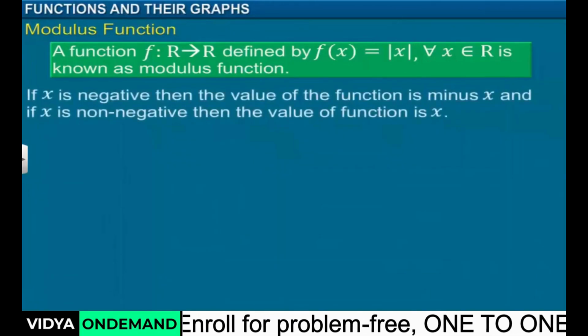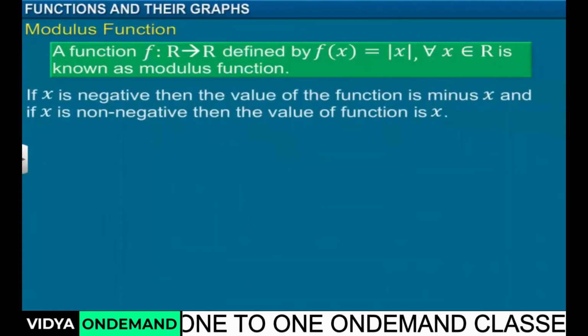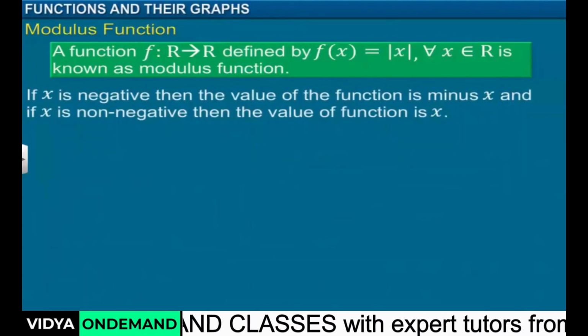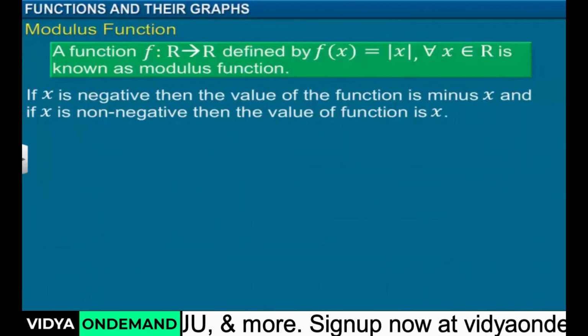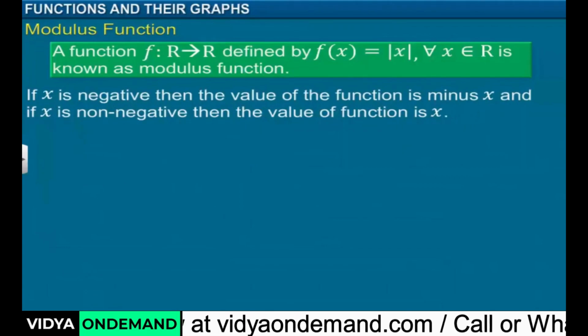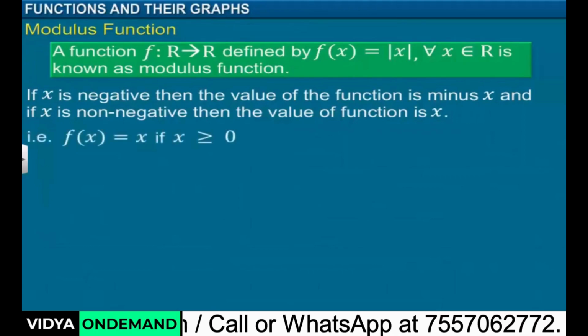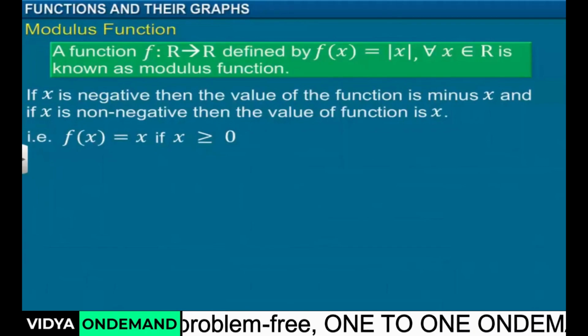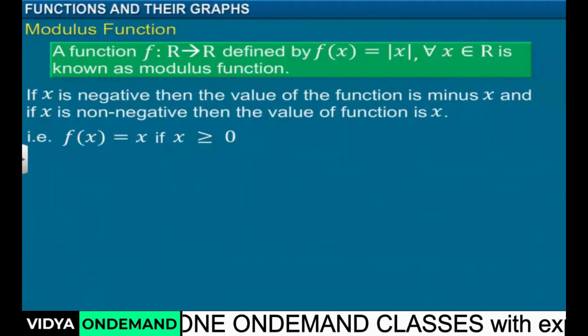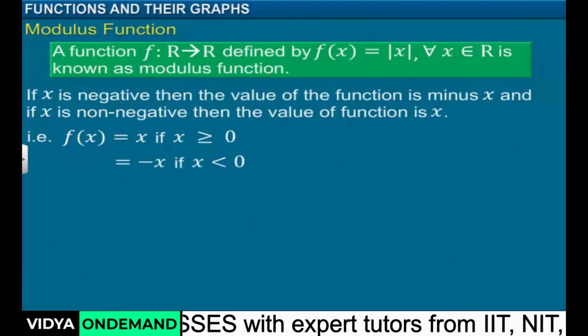If x is negative, then the value of the function is minus x. And if x is non-negative, then the value of function f is x. That is, f of x is equal to x if x is greater than or equal to 0, and minus x if x is less than 0.